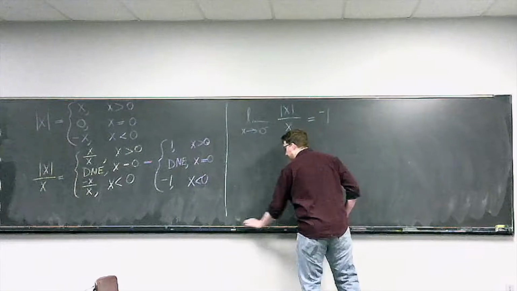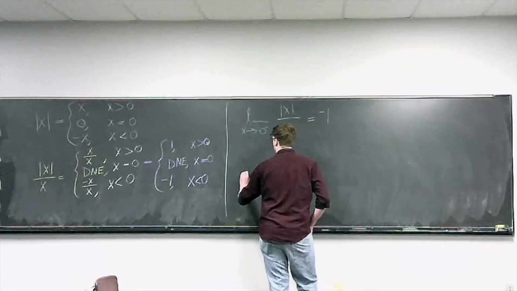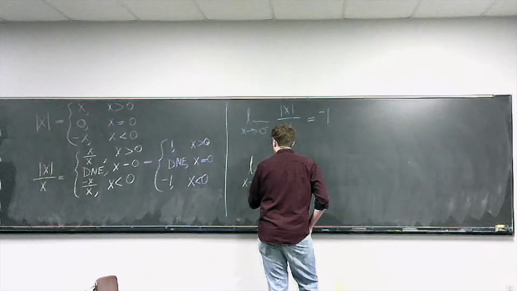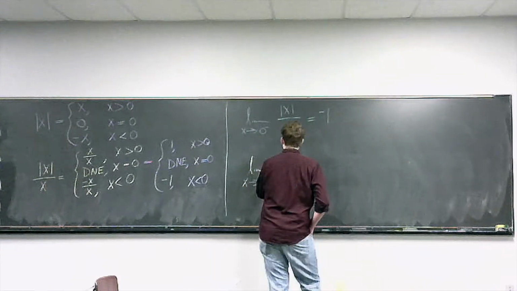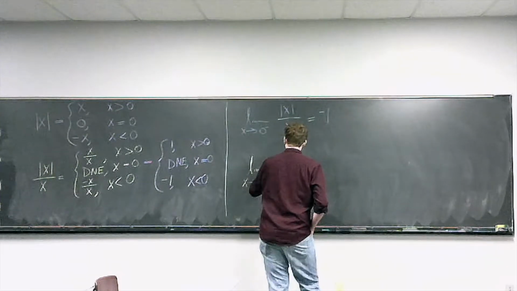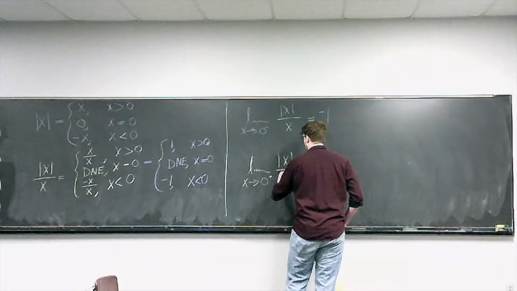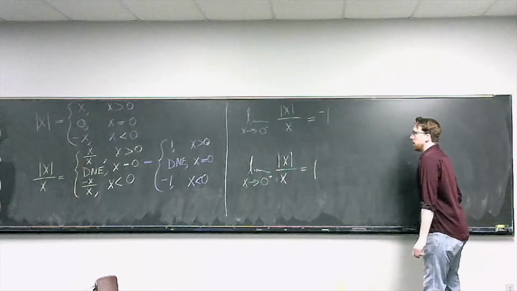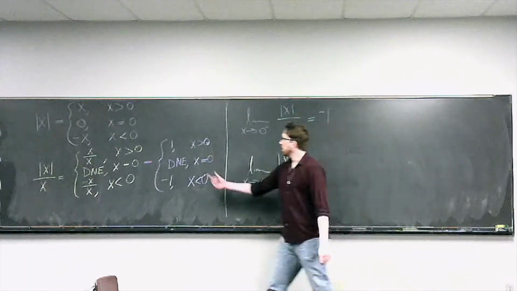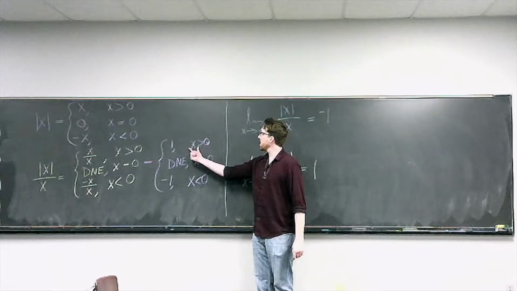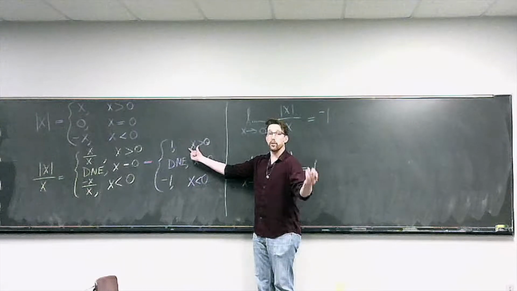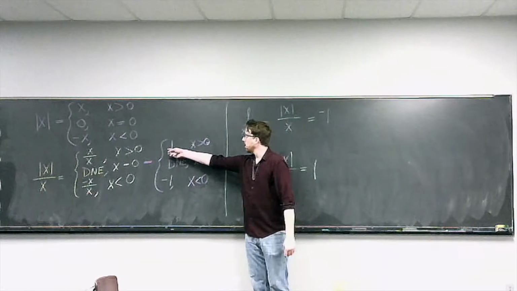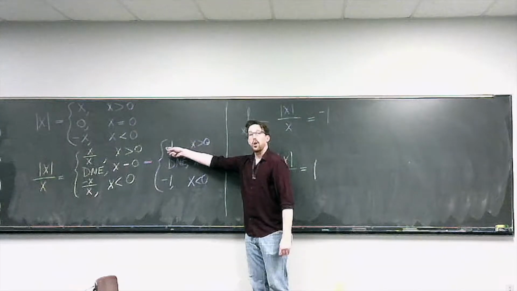Whereas, on the other hand, if we were to take the limit as x approaches 0 from the right, that's going to come out to be 1. And we can see that because what we've got up here is all of the values greater than 0, so the values to the right of 0, they all spit out a 1.